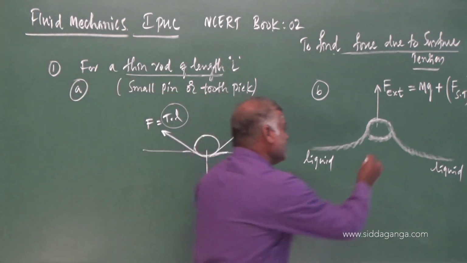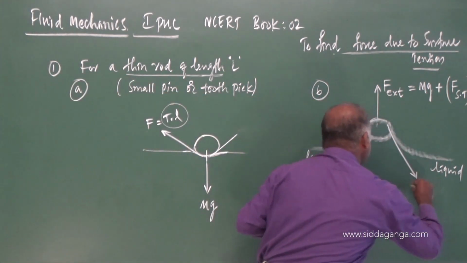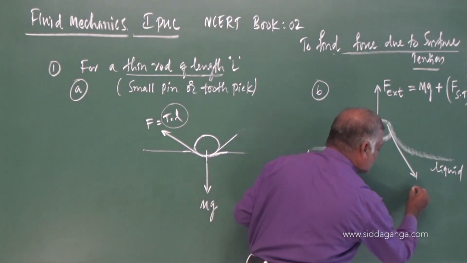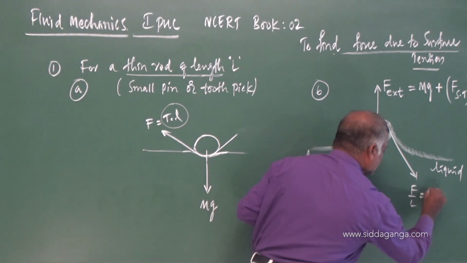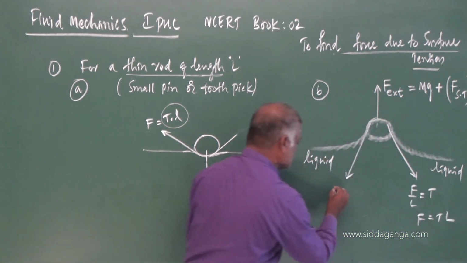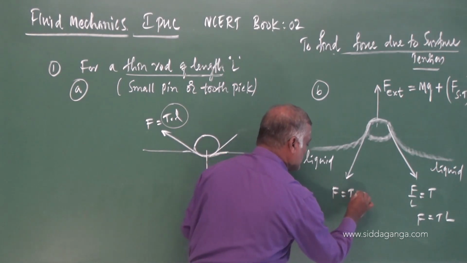So now tell me, that is a force due to surface tension, my dear students, and that will be force per unit length, that is T. F is equal to TL. Here also F is equal to TL.